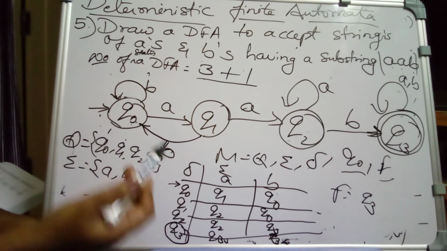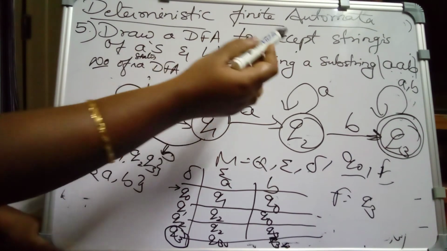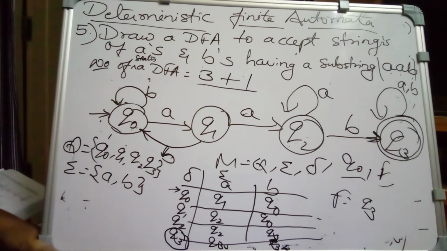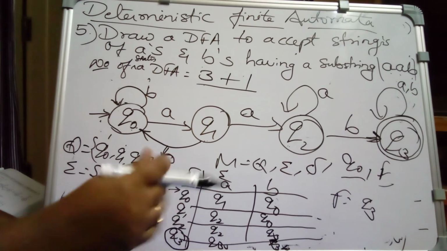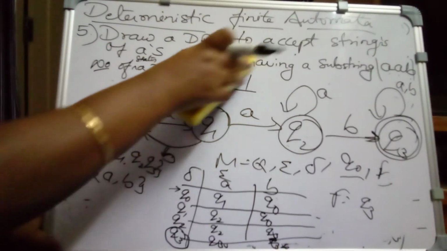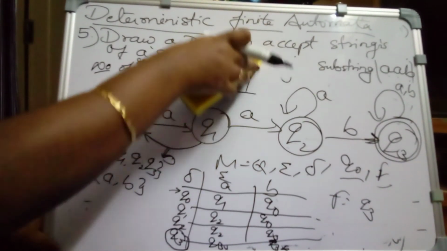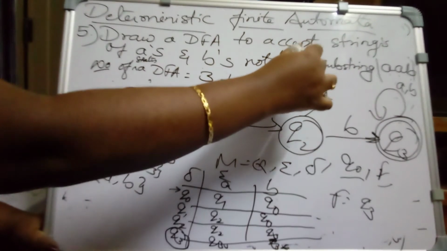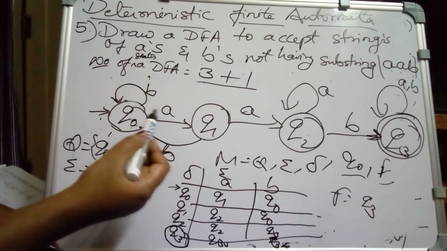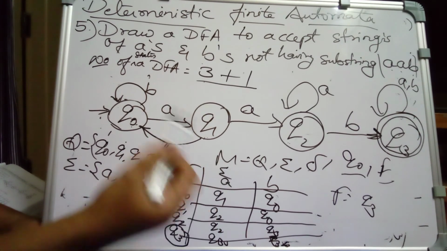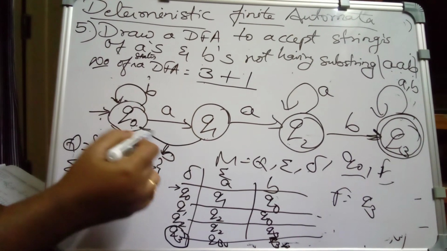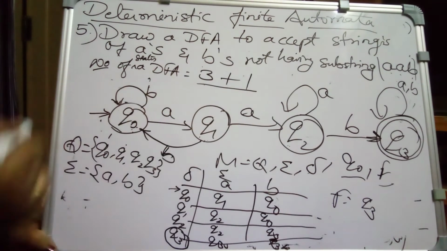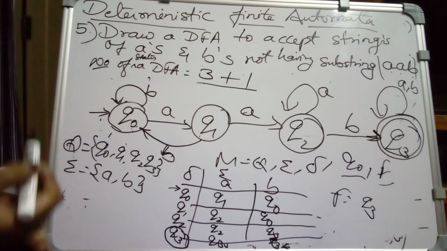You may have a question: strings of A's and B's which do not have a substring AAB. For the same transition diagram, not having a substring AAB means just interchange all the final states to non-final states and non-final states to final states. So here, which are the non-final states? Q0, Q1, Q2 are non-final states and Q3 is our final state.